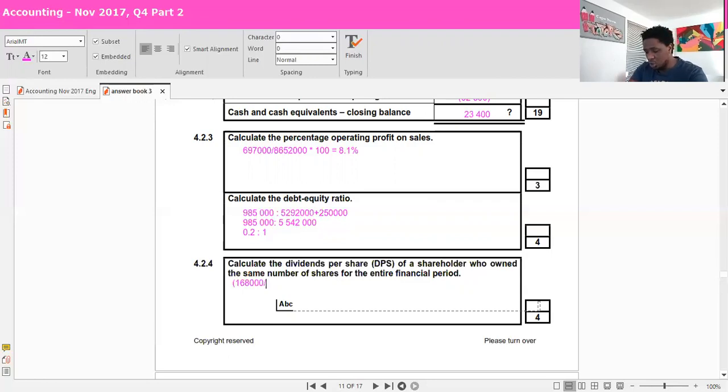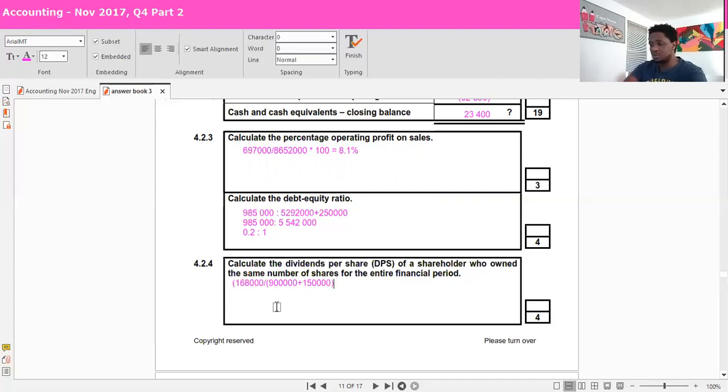So in that case, you'd have to divide by the shares issued. The shares at the beginning of the year were 900,000, and then you'd add the 150,000 shares that then got issued.